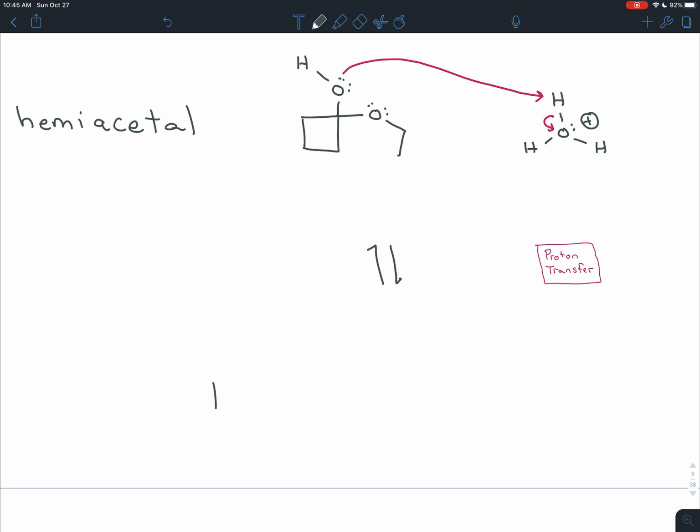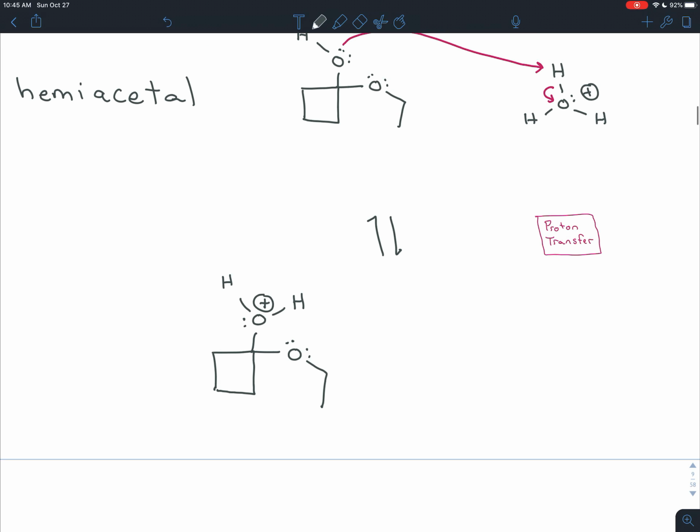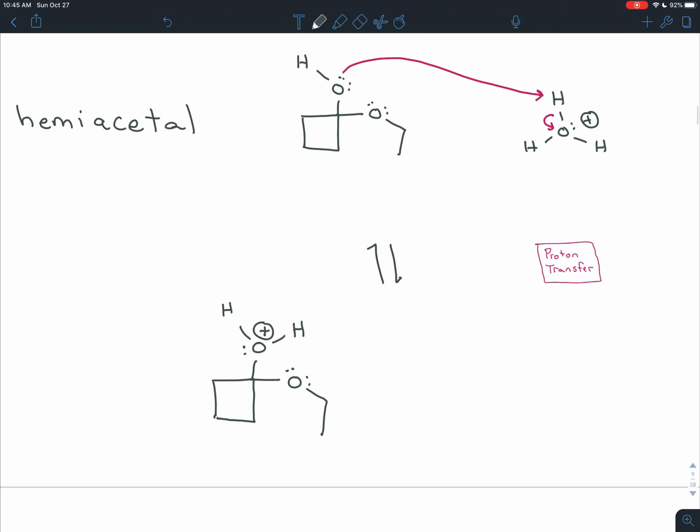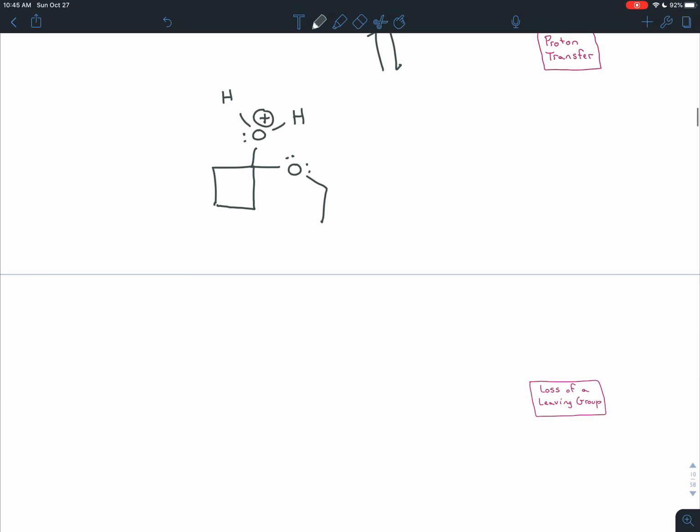In the molecule we get at the end of that, this oxygen is now going to have 2 hydrogens on it, and just 1 lone pair. That gives it a full positive charge. Now that's an amazing leaving group, and it can leave.